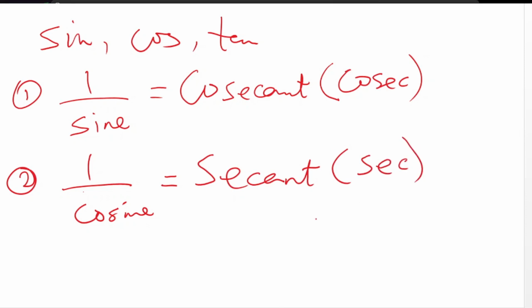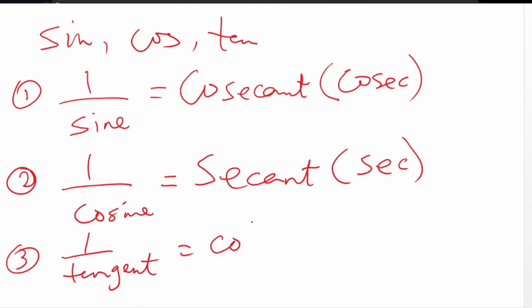The third one is 1 over tangent, and that gives us cotangent, which is called cot.